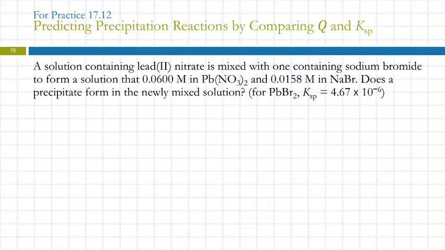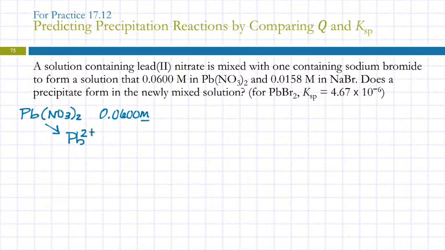So we've got lead-2 nitrate, and that concentration is 0.0600 molar. When that dissolves, it makes lead ion and 2 nitrate ions.